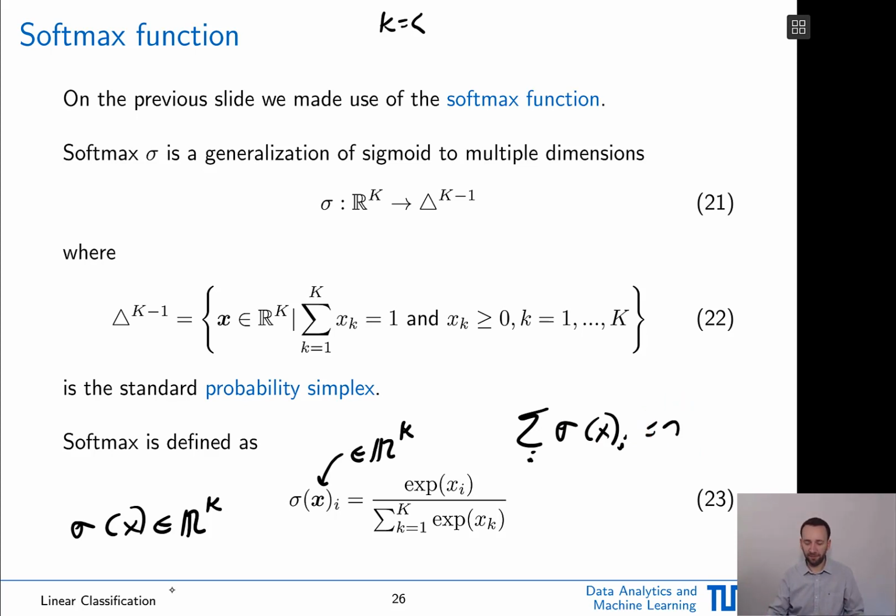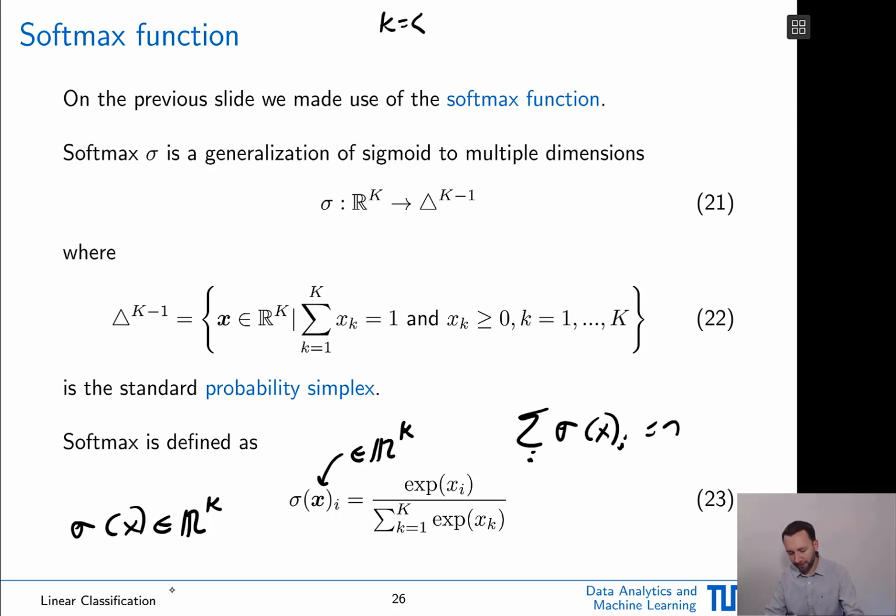And it's all positive as well, because you have e to the power of something, so the outcome will always be positive. So what does this return? This is always a vector from the so-called probability simplex, meaning it's a vector where all components are positive and sum up to 1.